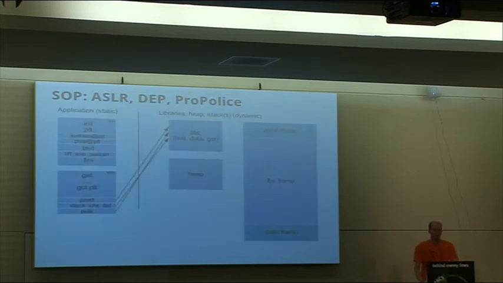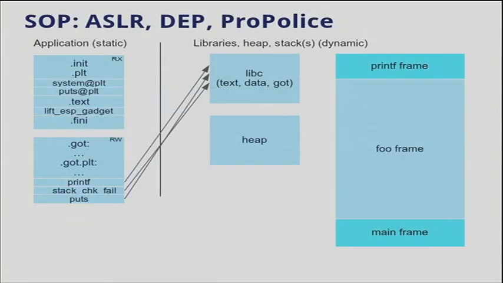So if we zoom into the application, at the point where the printf is executed, we see a picture that looks a little bit like this. We have the static part of the application on the left-hand side, where we have a couple of pages that are mapped readable and executable.